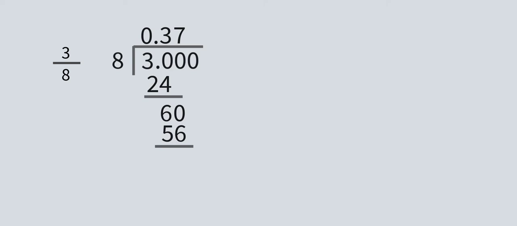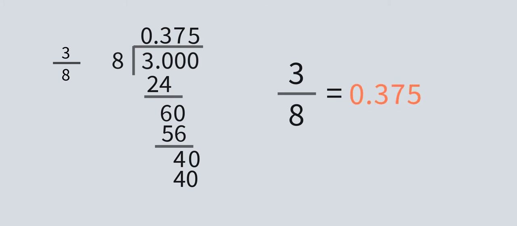Again, subtract, that gives us 4. Bring down another 0, and then 8 times 5 is 40. So 3/8 as a decimal is 0.375, or 375 1/1000ths.